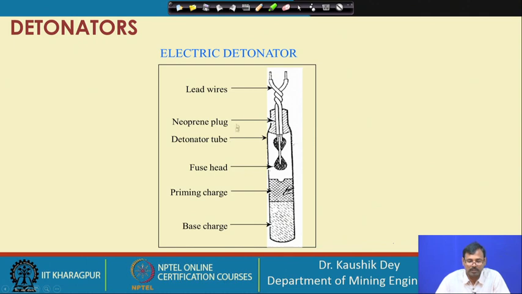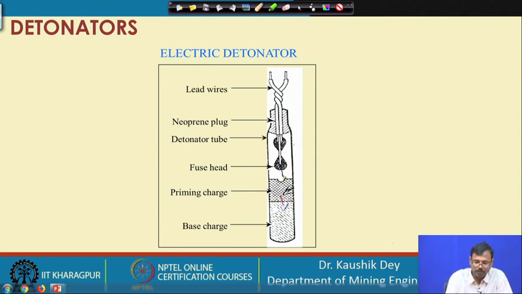In this constructional feature, you can see the lead wires are there, and at the end of that is the fuse head. The fuse head is very close to the primary charge. The moment the fuse head generates the flame, the primary charge gets the flame, and it is converted to a shock which comes to the base charge, and then the base charge is initiated.